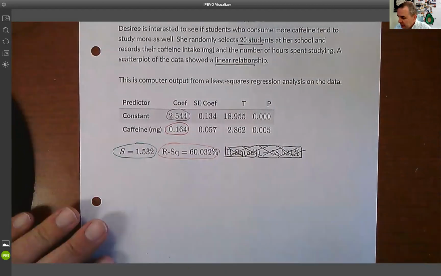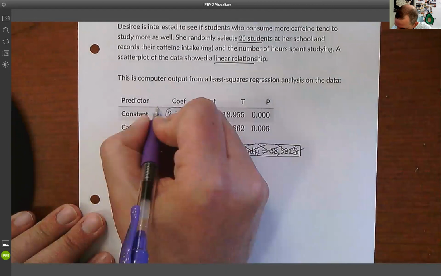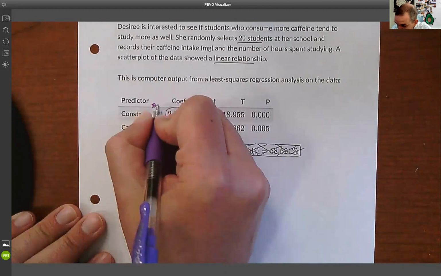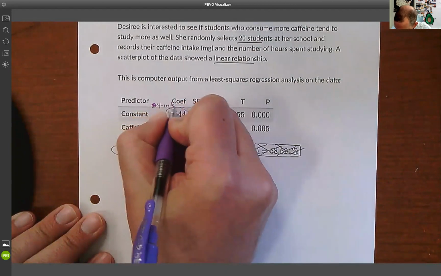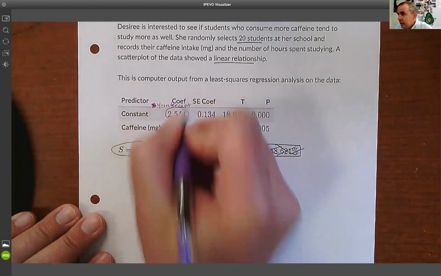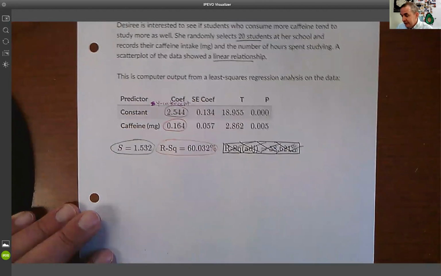Just as a reminder, this number right here is your slope. I'm sorry, this number here is your y-intercept. My mistake. What that is saying is the following.